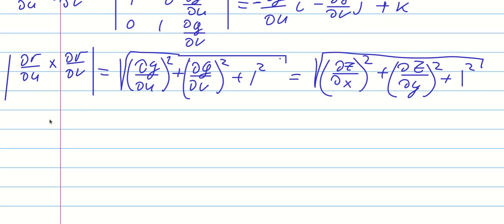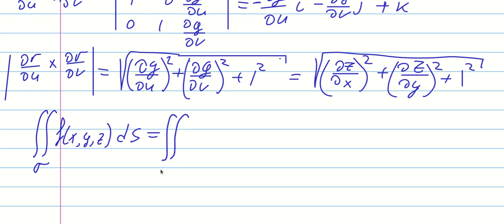So what does it tell us? It tells us that if we want to find the integral over sigma of f of x, y, and z ds, that's going to be the integral over the region R of f of x, y, but instead of z we can put g of x, y.